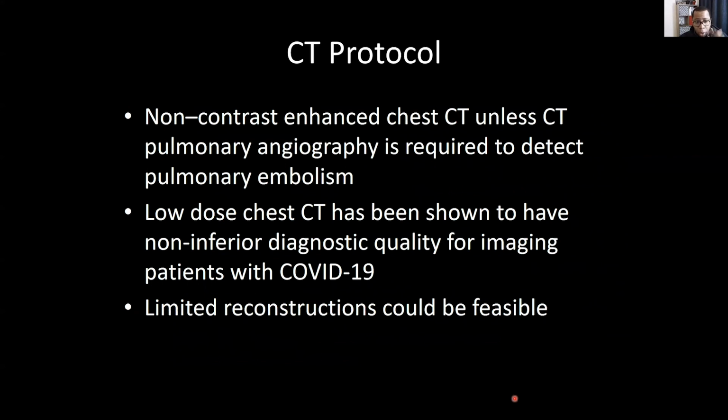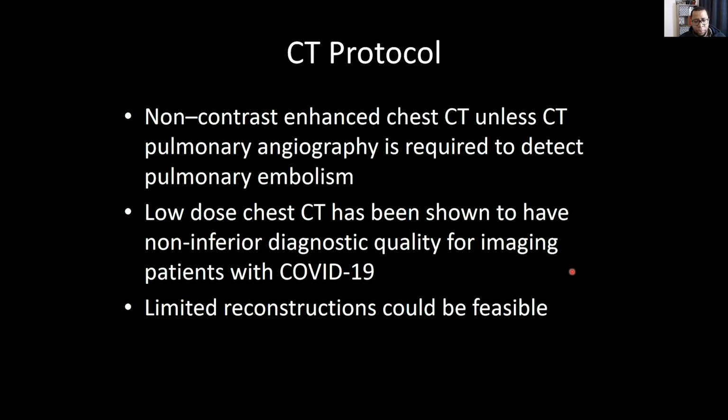What about CT protocol, right? So we recommend non-contrast enhanced chest CT unless there's a suspicion for PE, thromboembolic disease, in which case pulmonary CTA could be performed. Low-dose chest CT has been shown to have non-inferior diagnostic quality for imaging patients with COVID-19.